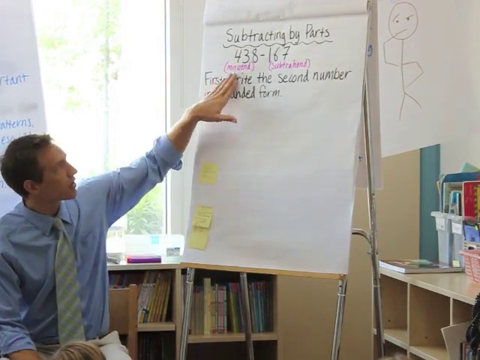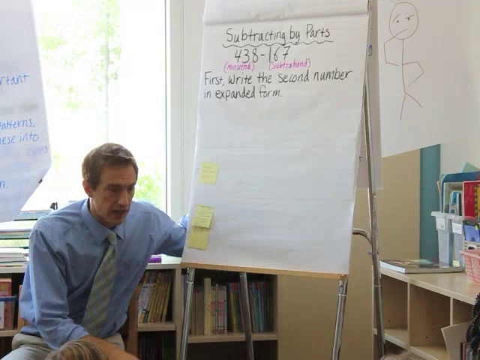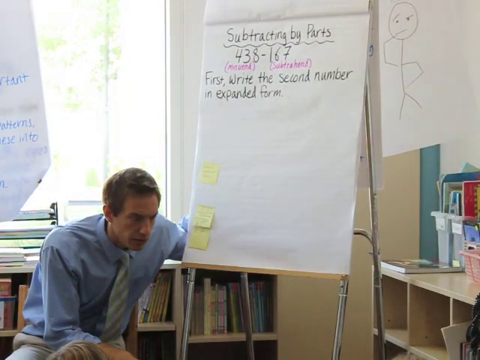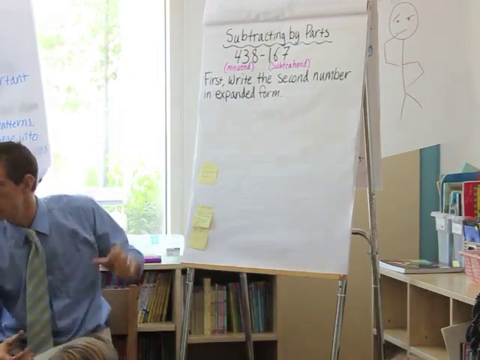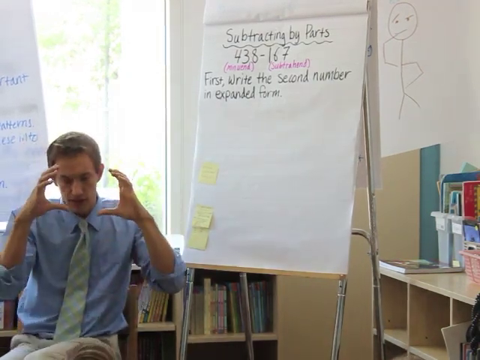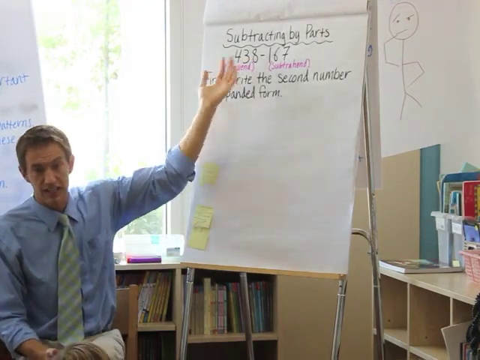Well, I'm actually going to talk about this in a little bit, but let me tell you something about subtraction, third grade mathematicians. Subtraction deals with having an amount. Like for this amount, we have 438 of something.